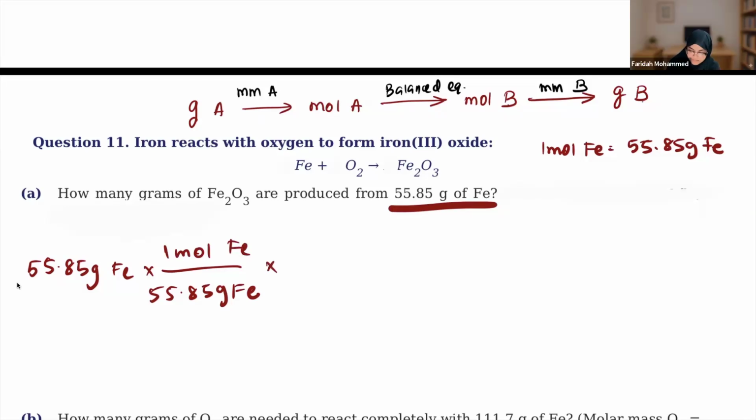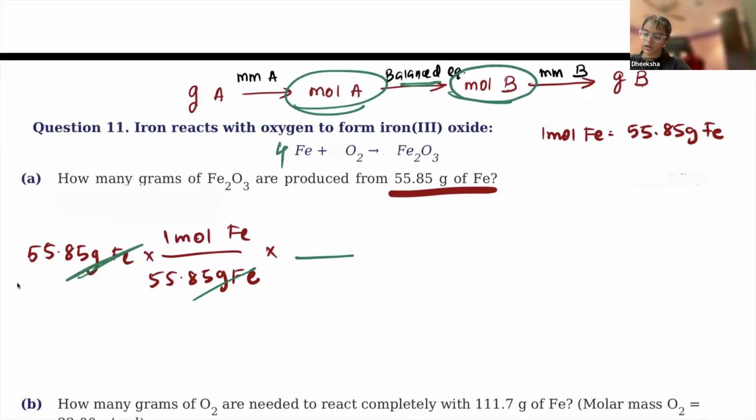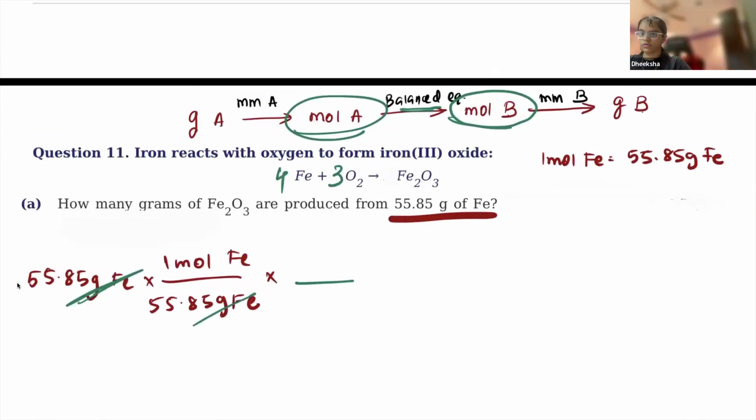Next, I used the mole ratios. So grams of iron cancel out. Now you are at moles of A, you want to go to moles of B, and you're using the balanced equation. What was the balanced equation? 4 Fe plus 3 O2 is equal to 2 Fe2O3. So we want to go from iron to iron oxide.